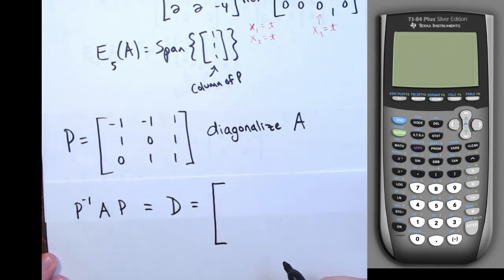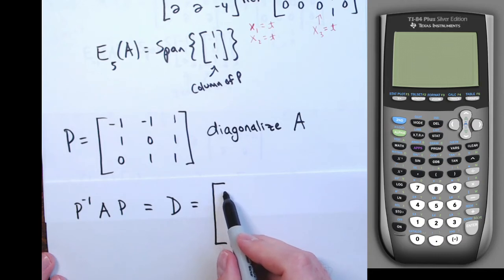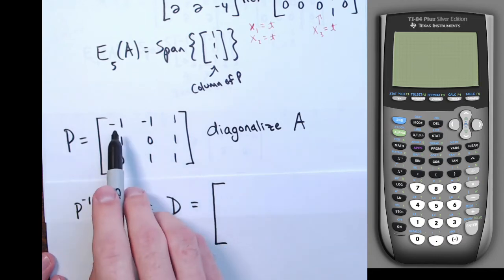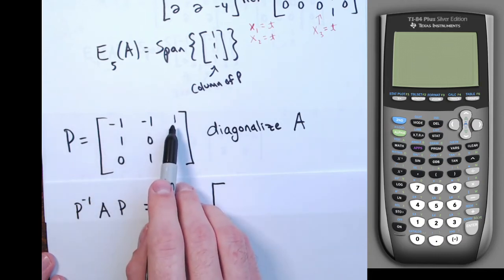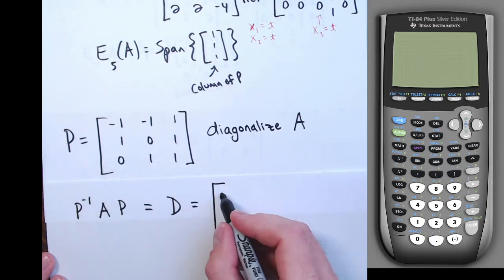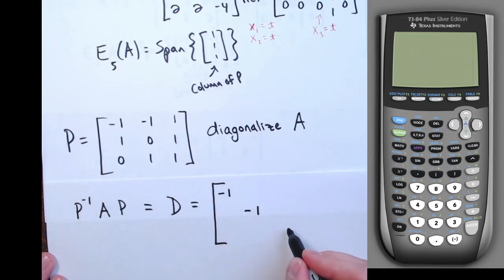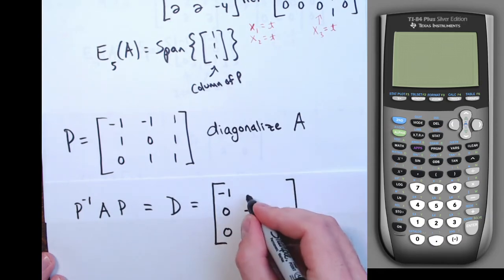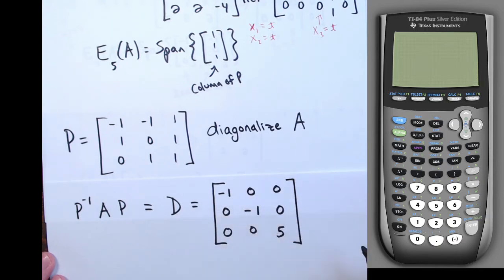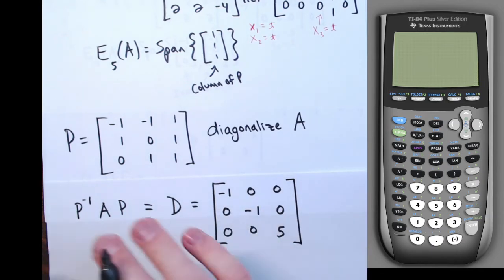And I know what it's going to be, and I'll show you on the calculator. The entries down the diagonal will be the eigenvalues that correspond to these columns of P, which the first 2 were corresponding to -1, and the last column corresponded to 5. And then every other entry will be a 0. All right, so let me show you this.